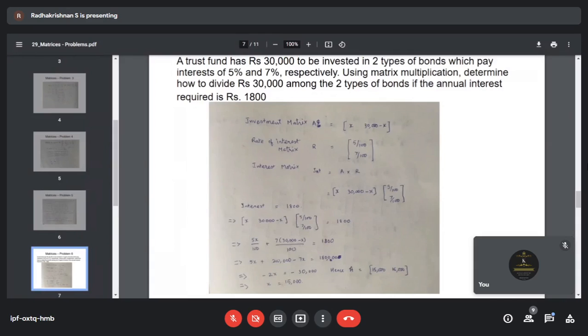Now you solve for x from that. So you get x equal to 15,000. Santana Mariraj, you got the answer? Very good. Did the others get the answer?